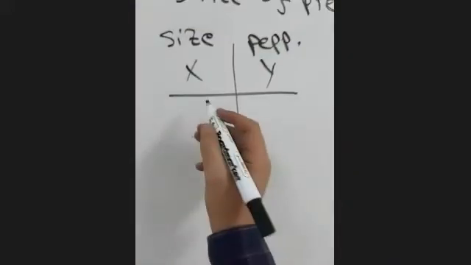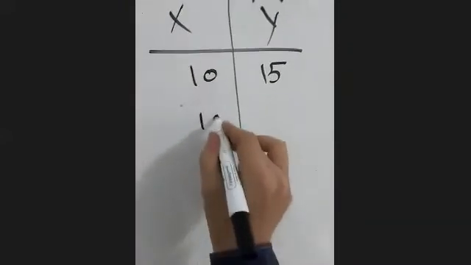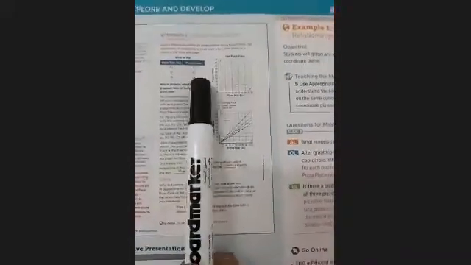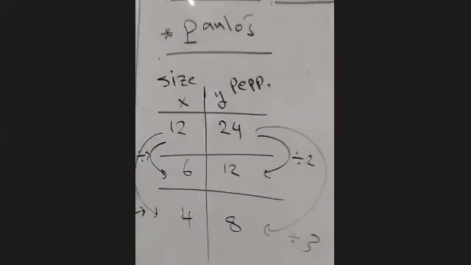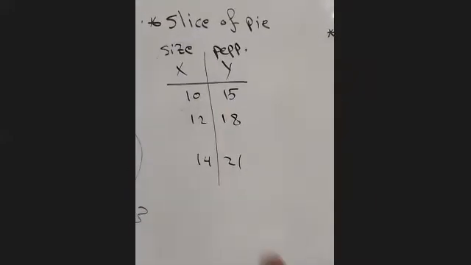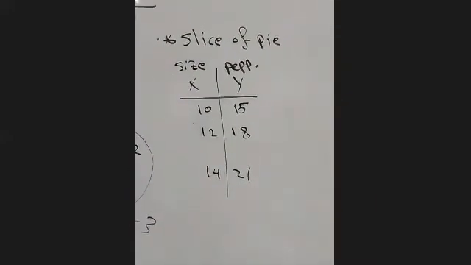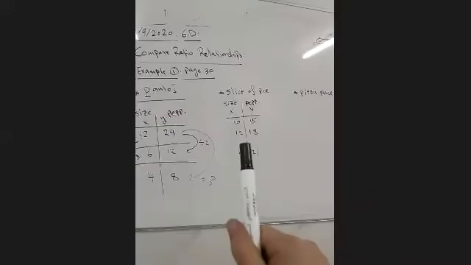It's given: 10 and 15, 12 and 18, and the third one, 14 and 21. It's ready from the question. I prepared Paolo and I prepared A Little Slice of Pie.